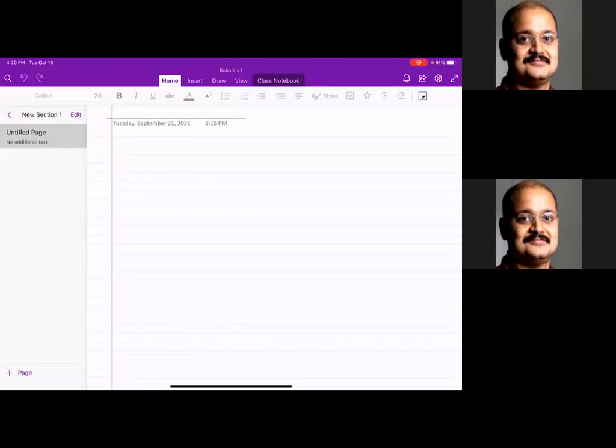Okay, so we are going to talk about the velocity analysis. Everyone understood the way we do the velocity analysis is very simple.